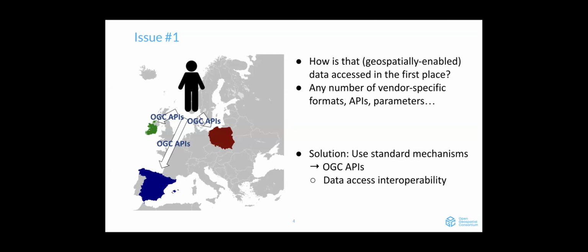They can access raster data spanning different spatial and temporal coverages, etc. So this is the first step towards semantic interoperability, which is data access interoperability. The fact that now the client, the consumer, the researcher can actually find which data is available and retrieve that data.